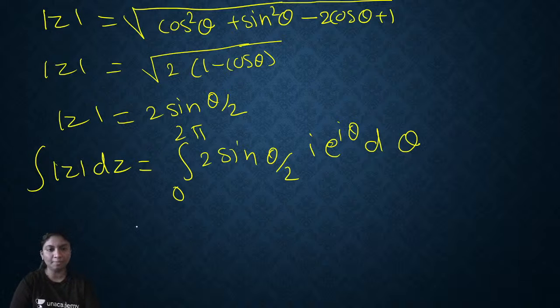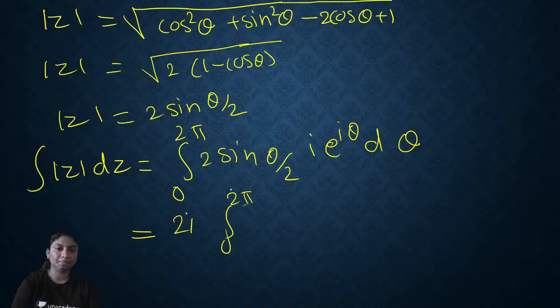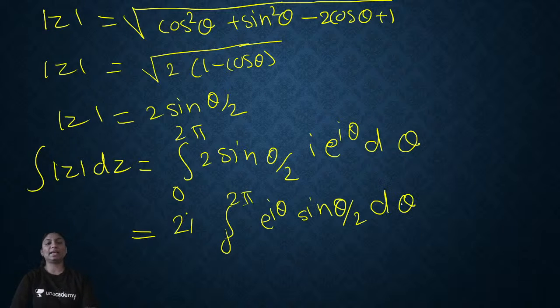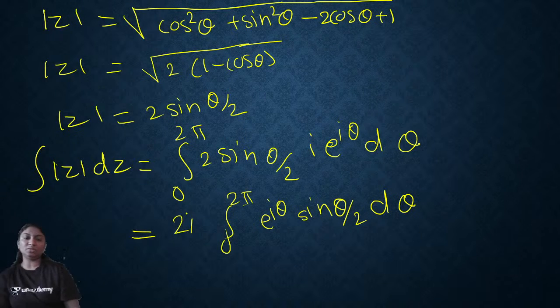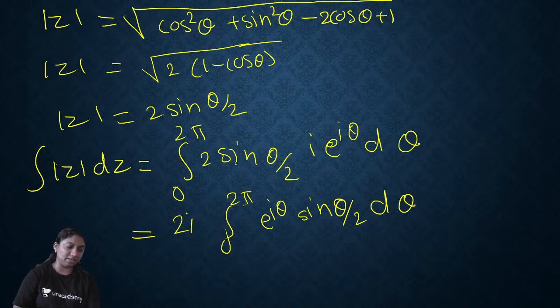This is a circle. So you will get here I into 2 outside, so integral 0 to 2 pi e raised to I theta into sin theta by 2 d theta, right? So we can apply here integral rule e raised to x into sin dx plus c, right?